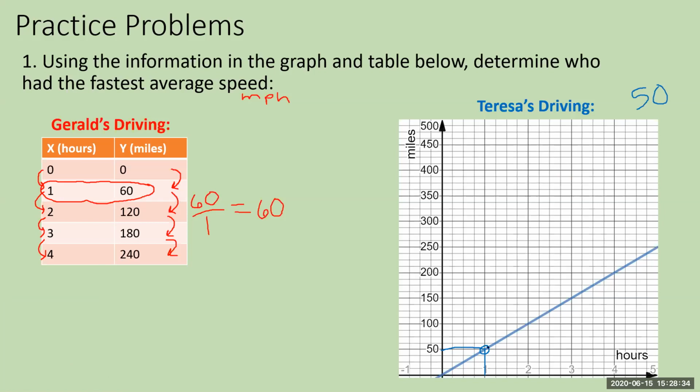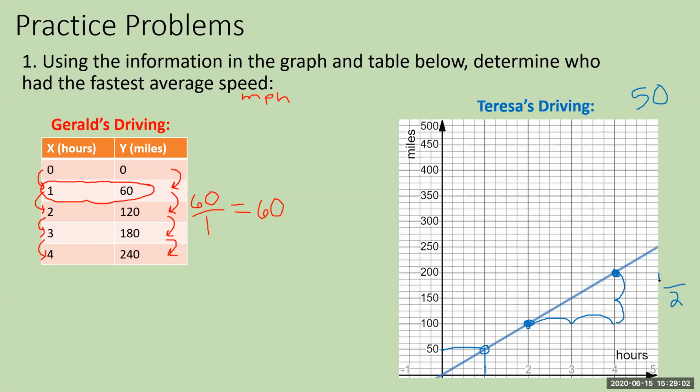We don't have to look at the 150 point. We could look at this point here compared to this point here. So if we start at this point, we would need to go over 1, 2. So that's a change in X of 2. And we would go up 50, 100.